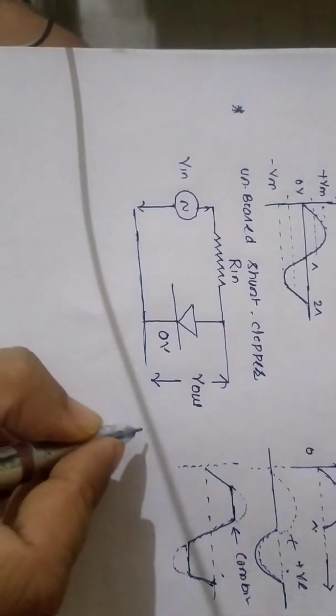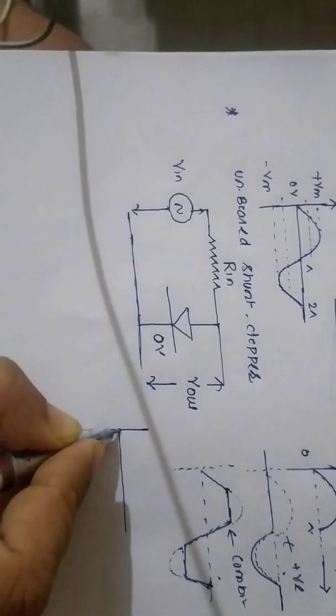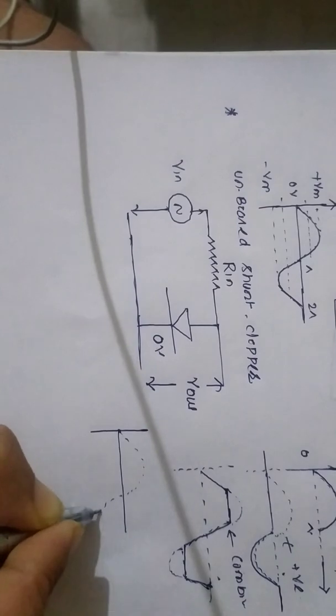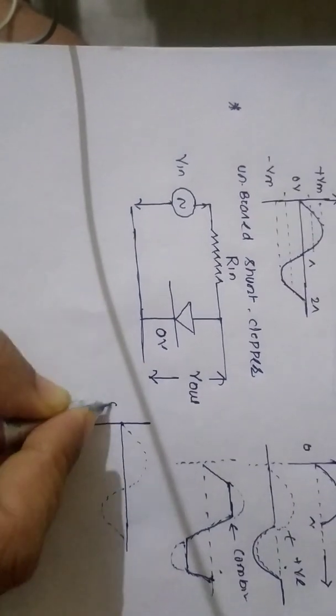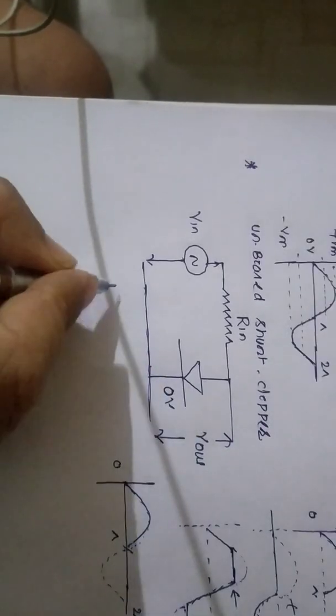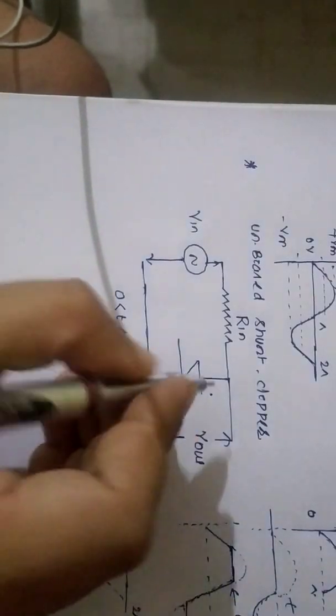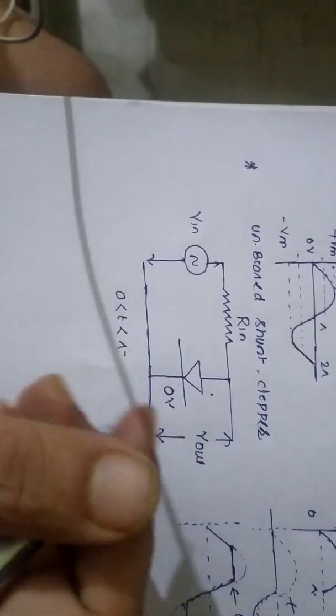Now let us say this is my input voltage having the two halves, positive and negative, 0 to pi, pi to 2 pi. If you see the time interval 0 to pi, the input voltage is going to appear at the node of this diode. For example, in 0 to pi the voltage may be 1 volt, 2 volt, 3 volt.